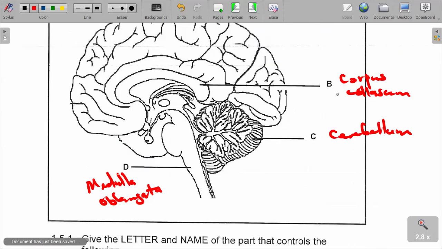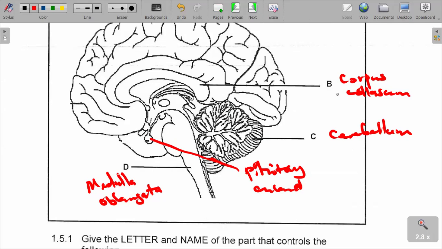We have the white matter and the gray matter here, but we are not going to talk about that, since the question does not ask about it. We also have the pituitary gland, which is given there, but these are not asked.